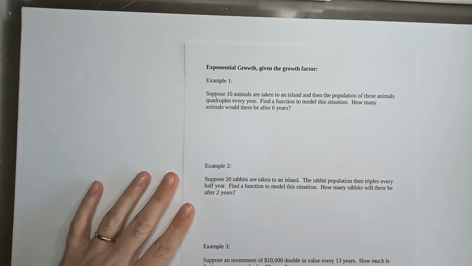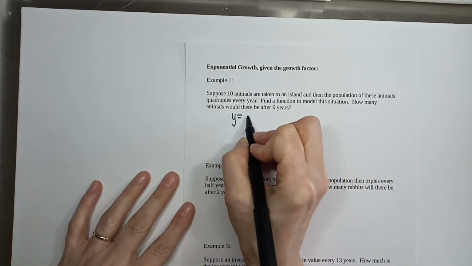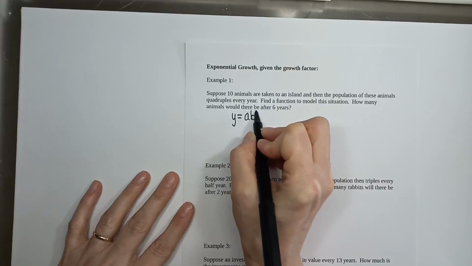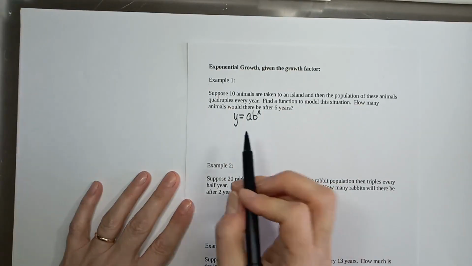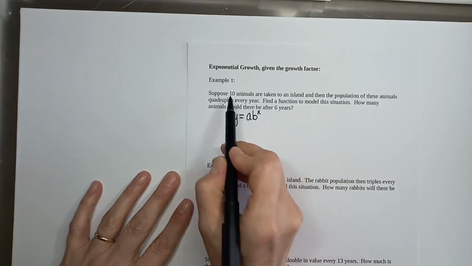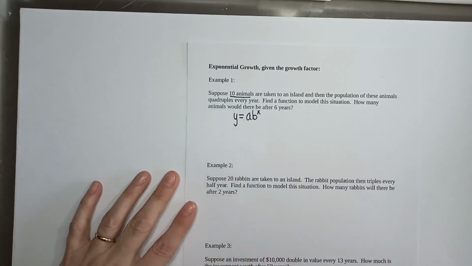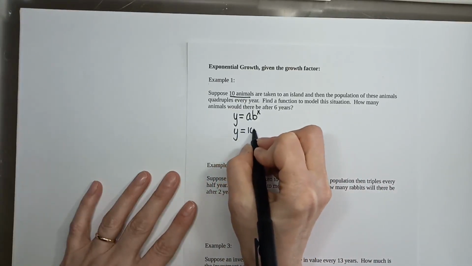Well, the first thing that we need to do is remember that our function is y equals a b to the x. And then we need to know what is our initial value. Our initial value is 10 animals. So that is going to be y equals 10.